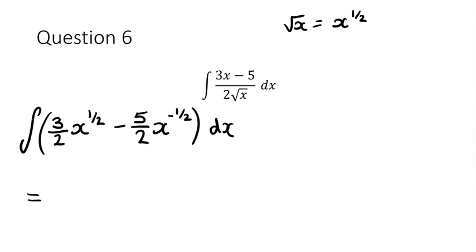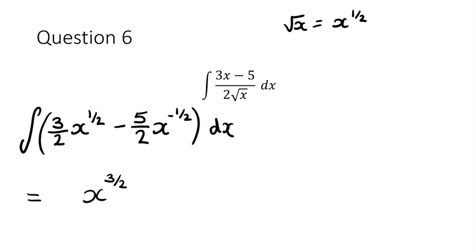Now I've simplified it. All I need to do is go through these two terms, add 1 to the power, divide by the new power. So x to the power of a half becomes x to the power of 3 over 2. And now I'm going to divide through by 3 over 2, or, if you like, times by 2 over 3, times by the reciprocal of the new power. So when I do that, 3 over 2 divided by 3 over 2, dividing by itself, you're just going to get 1.